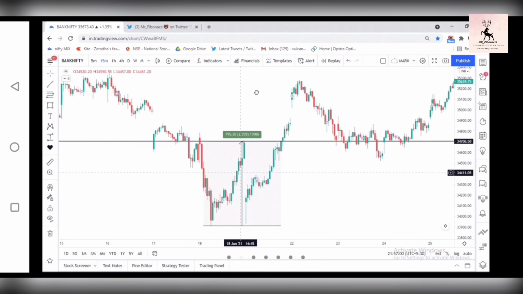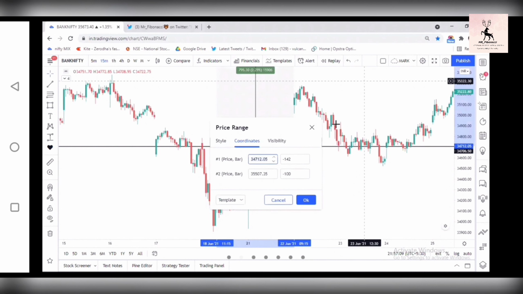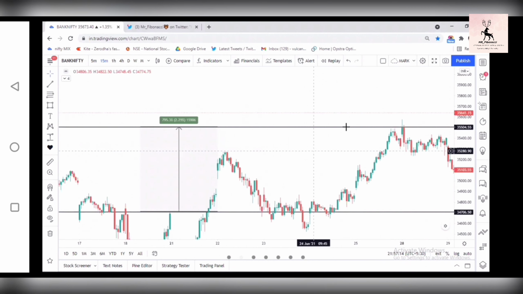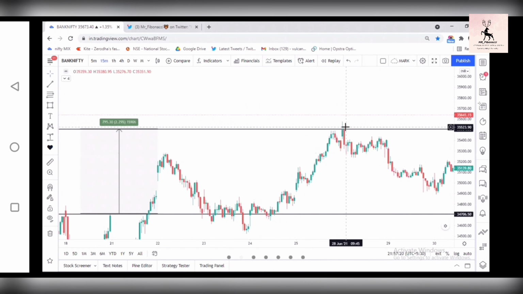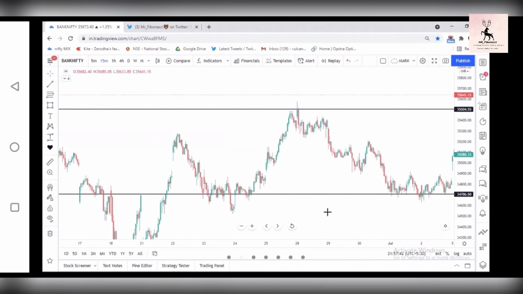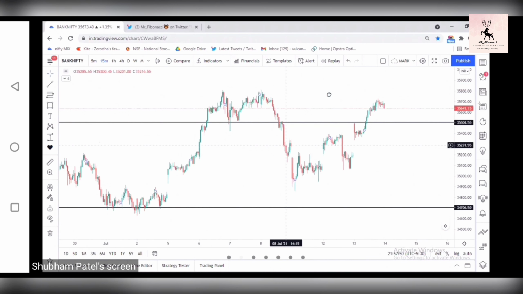So if you want to achieve the perfect target in this case, just measure that move and clone that range, and see how perfect this move was. The market makes it and reverses again from there. So this is the perfection and this is the measured move. This happens when the price was absorbed two times against the buyers or sellers.